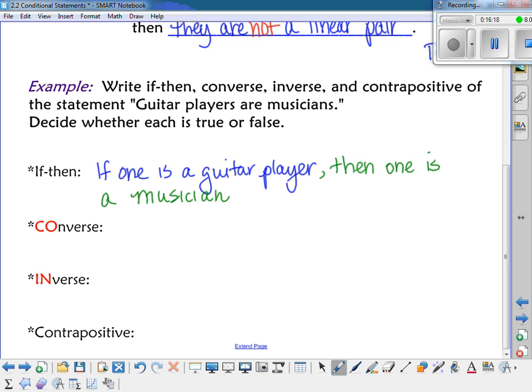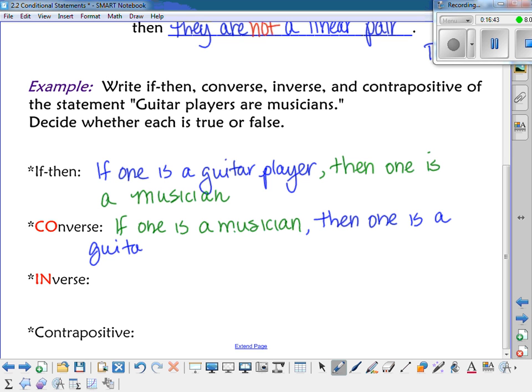Okay, and then the converse, we change the order. So changing the order, if one is a musician, then one is a guitar player. For the inverse, I negate. We're staying in the same order, we're just negating.